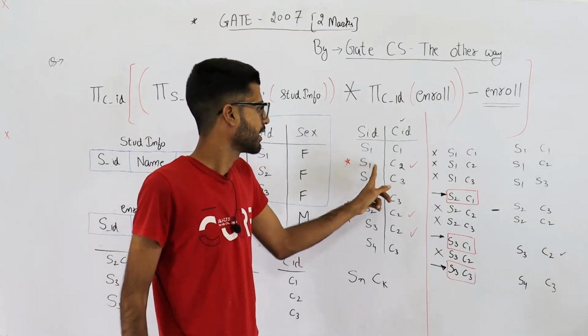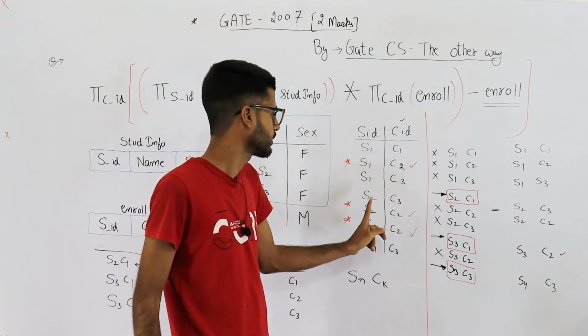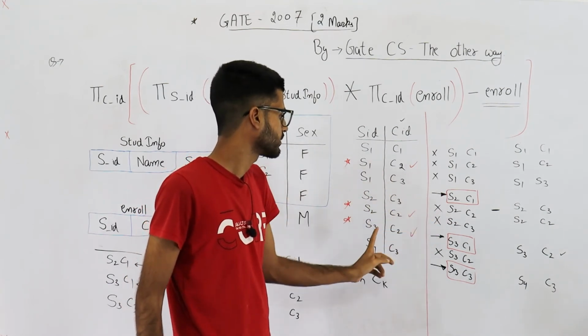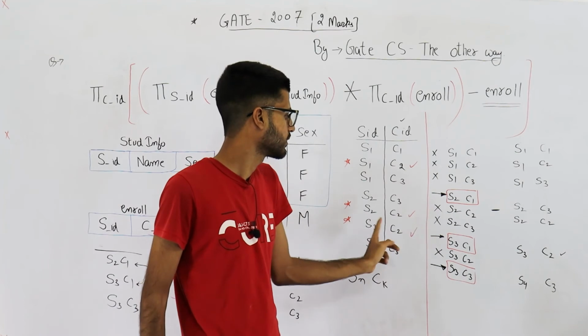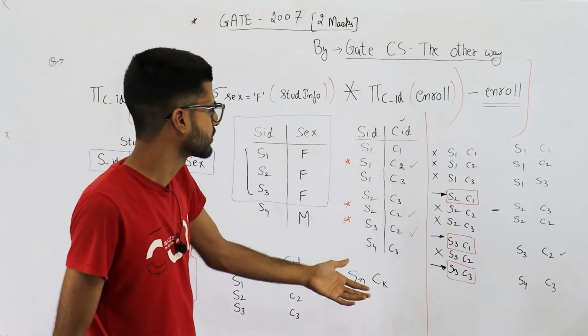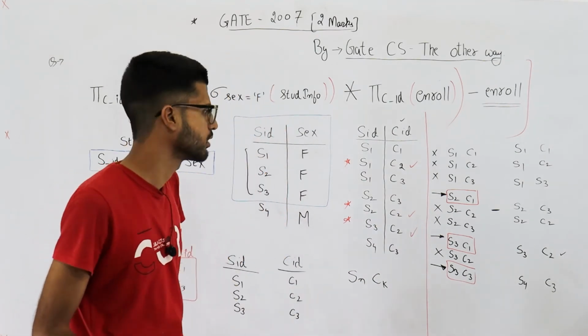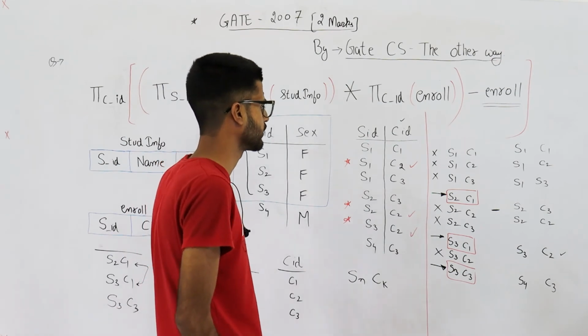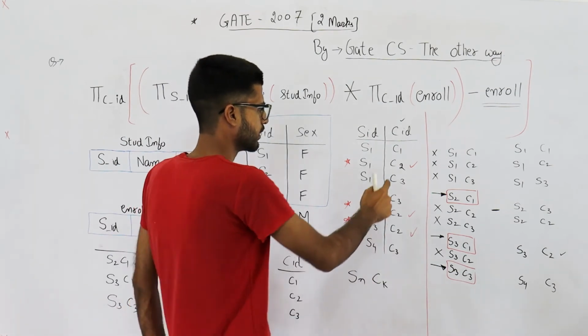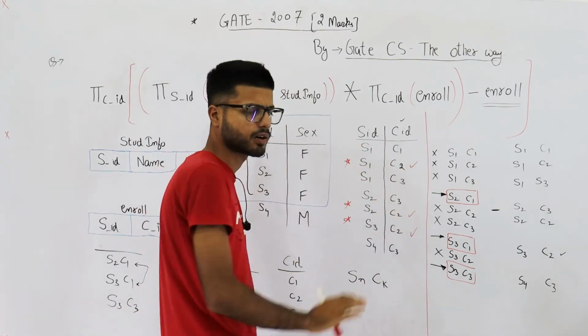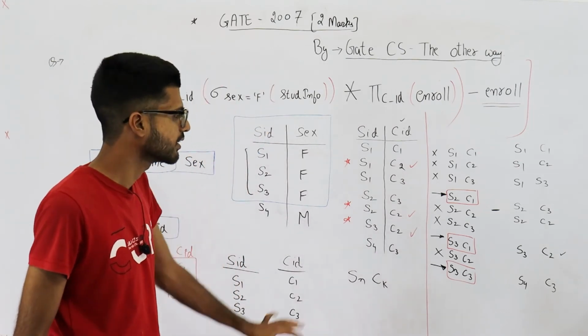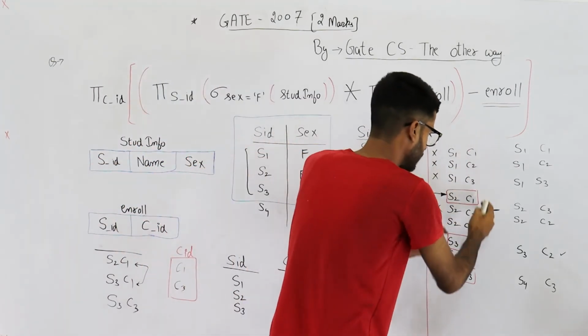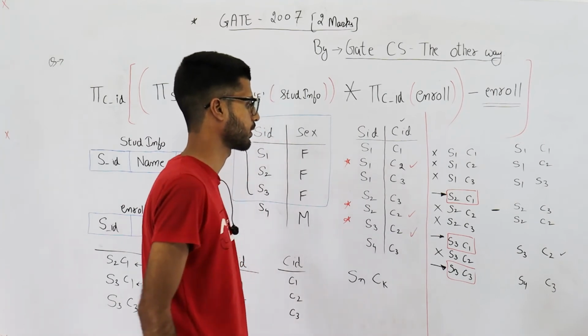That means S1 C2 will be present here, S2 C2 will be present here, S3 C2 will be present here. Because saying each and every female student has enrolled for each and every course also means that C2 is chosen by all the three students. That's the only way we could get C2 in this column.